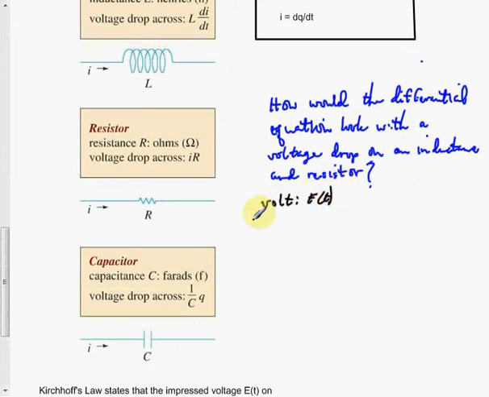We have this voltage given by E of t, resistance by I times R, and inductance is L times di over dt.